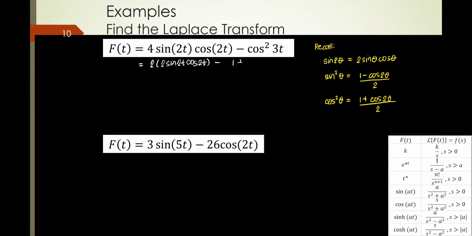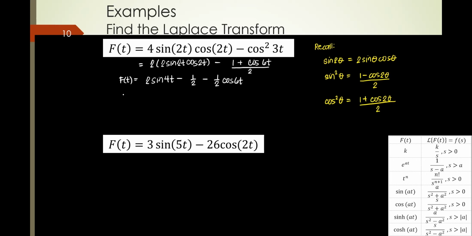So 1 plus cosine of 6t all over 2. So let's fix this first. Your f of t at the moment is 2 sine of 4t minus 1/2 minus 1/2 cosine 6t.